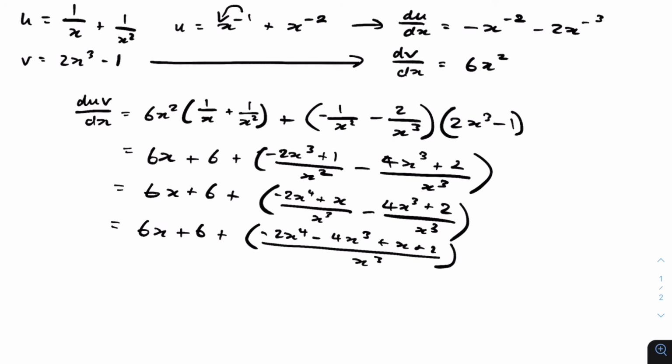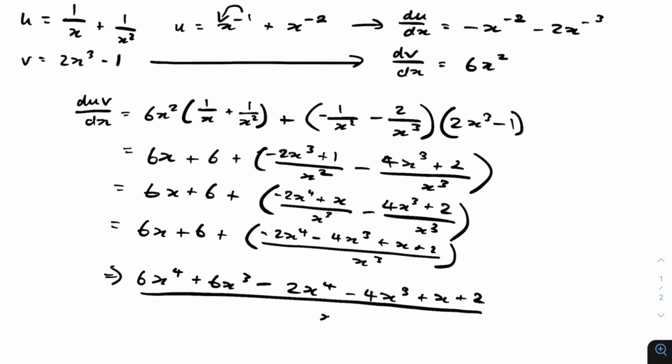And therefore, we can convert this to the base with the denominator of x cubed. So 6x times x cubed is 6x to the power 4. And 6 times x cubed is 6x cubed. And now we can include the other parts. That's all divided by x cubed.